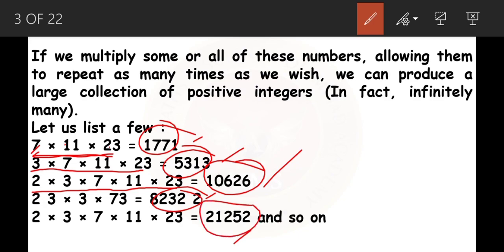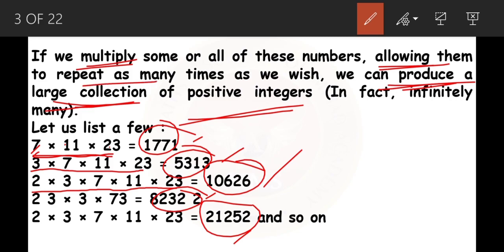So like this, how many positive numbers will I get? Infinitely many, because we can produce a large collection of this kind of positive integers. If we multiply prime numbers, allowing them to repeat as many times as we wish, we can produce a large collection of positive numbers.